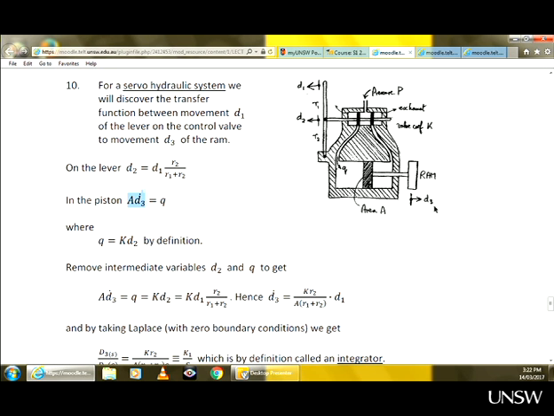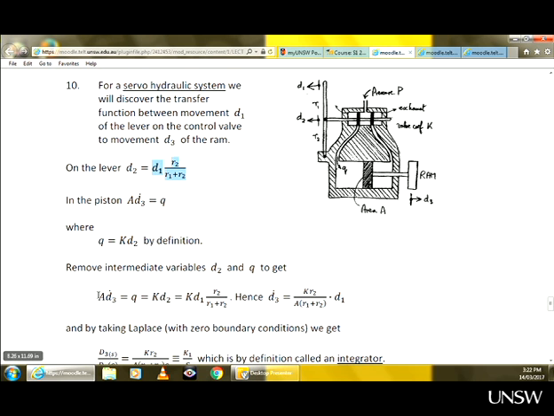Everything in the middle needs to disappear. Eliminating 2 variables between these 3 equations should be easy. So A D3 dot equals Q. Q equals K D2, and D2 equals D1 times this constant here. So it's actually not terribly difficult.